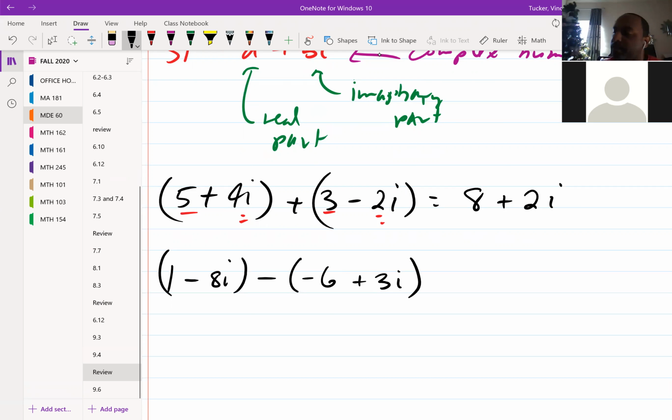Same thing with subtraction. This minus sign needs to be distributed. Whether you write it out or not, make sure that minus sign touches each term that follows, and then combine your like terms.